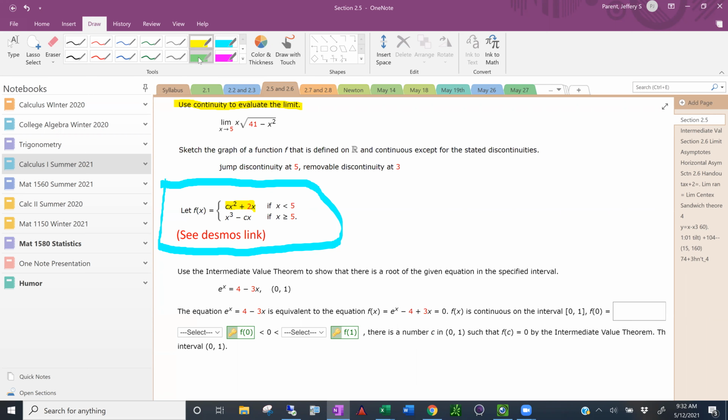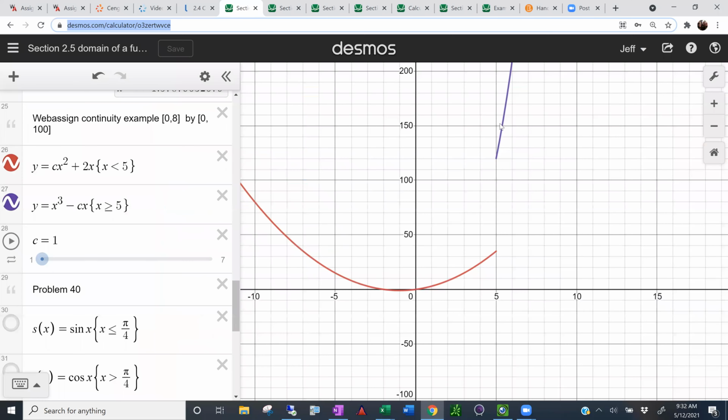And as such, they're going to be continuous. But where they meet might not be continuous. In fact, based on our little graph here, you can see that these don't touch. Is this a continuous function at x equal 5? No. It's not. But underneath these two functions, you'll see a little slider bar. And what I want you to do is adjust that slider bar.